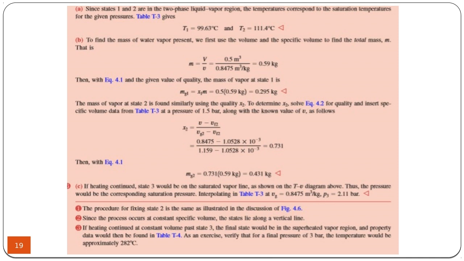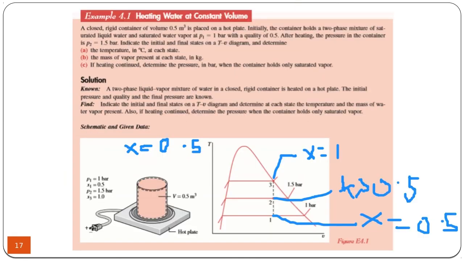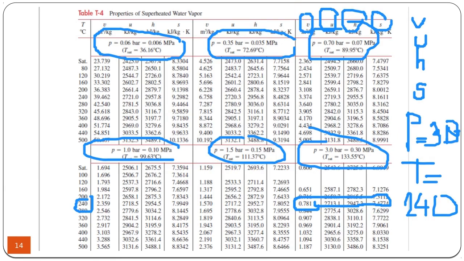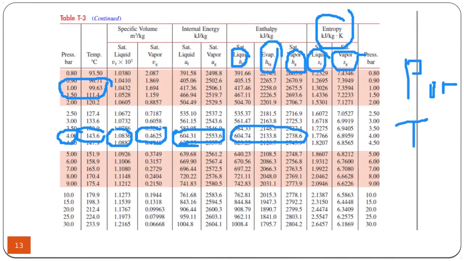You may need to use interpolation because it may not be possible to see this value directly in the table. For instance, this is 0.84. Let's go to the table. We need to use the saturation table. We have a saturated vapor specific volume of 0.84, so 0.84 is somewhere here.